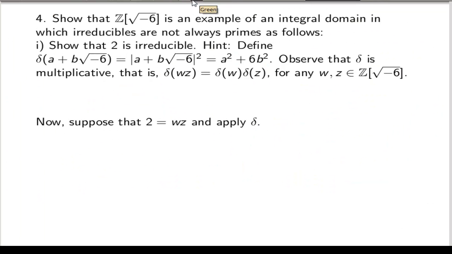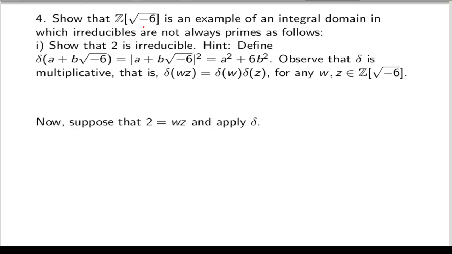Problem 4. Show that Z[√−6] is an example of an integral domain in which irreducibles are not always primes.